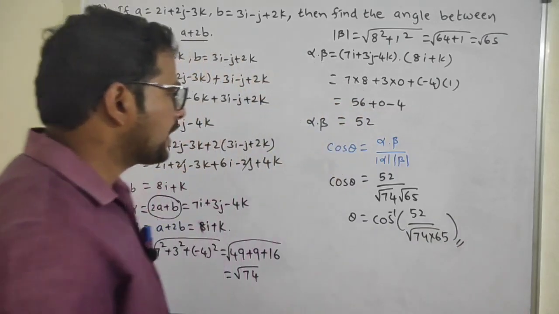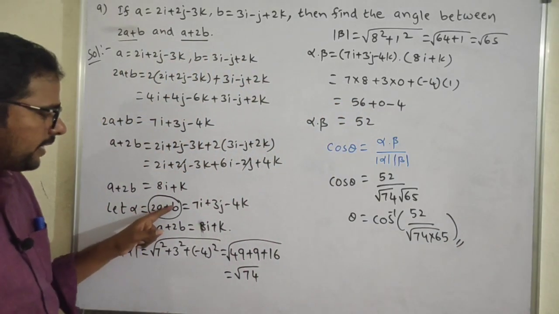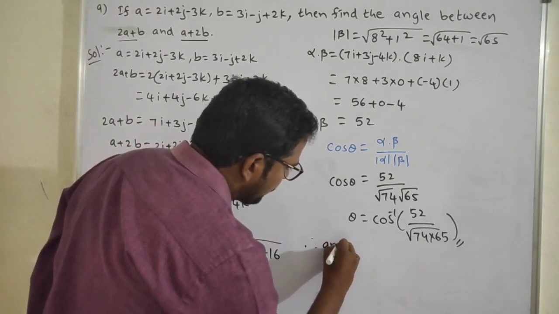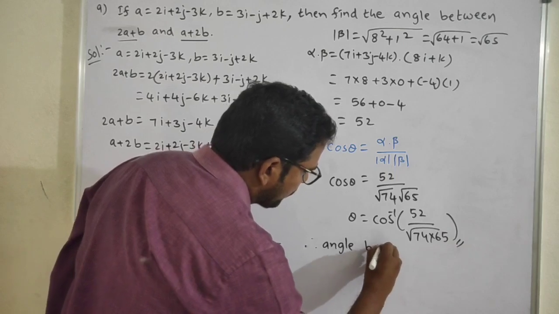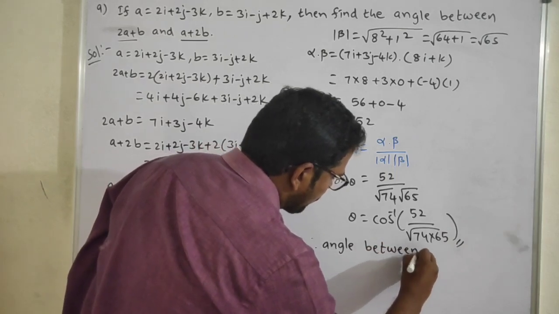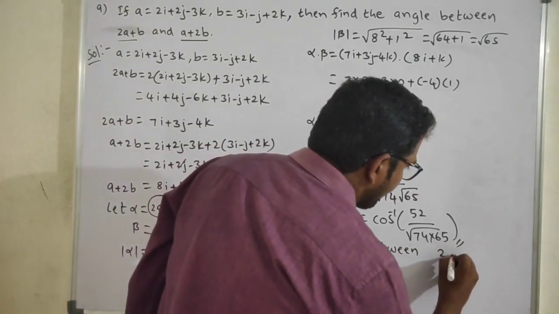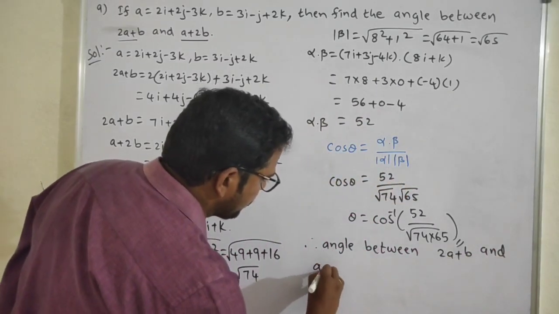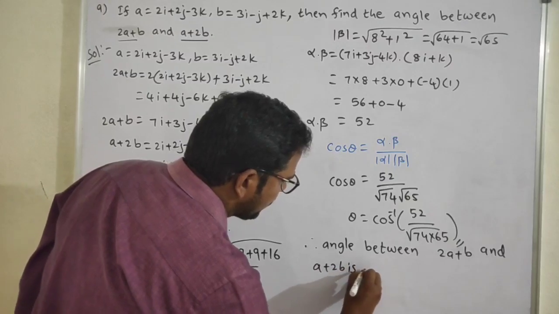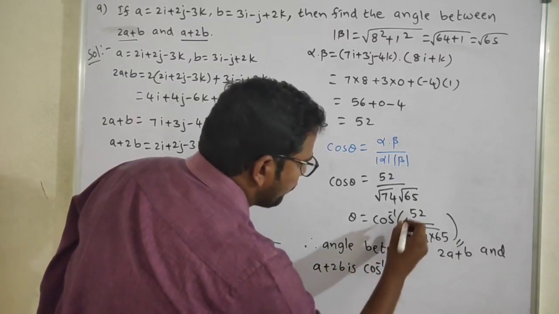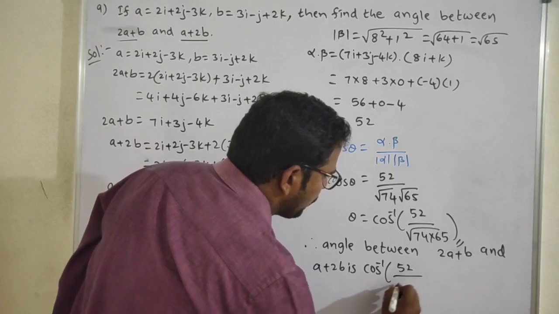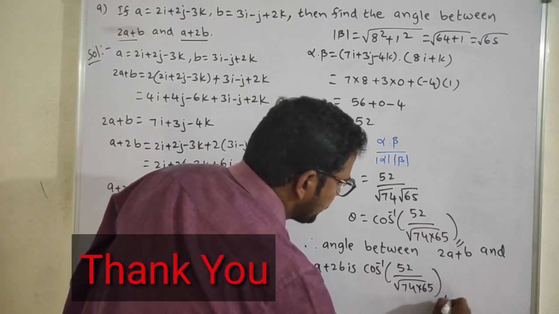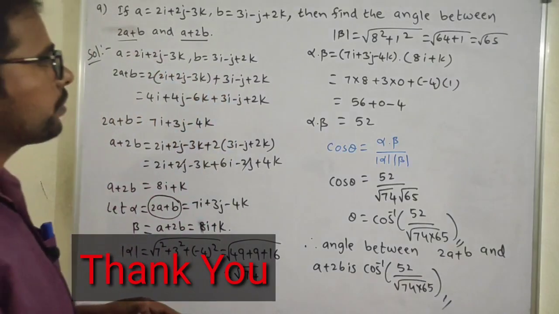Therefore, the angle between 2a plus b and a plus 2b is cos inverse of 52 by under root of 74 into 65. This is the solution of the ninth question.